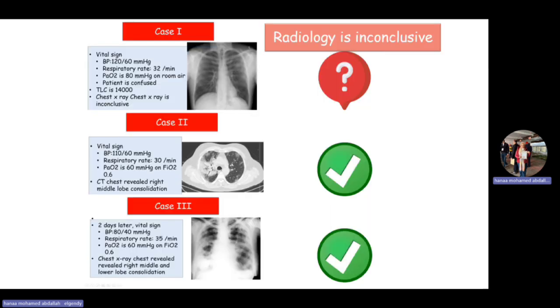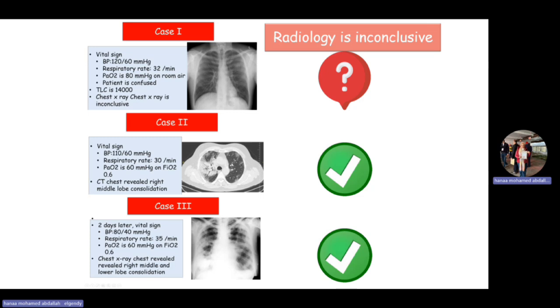So case number one, as we said, was inconclusive, so it's clearly query hospital-acquired pneumonia. So we have to do CT chest for this patient, but we have to start empirical antimicrobial.